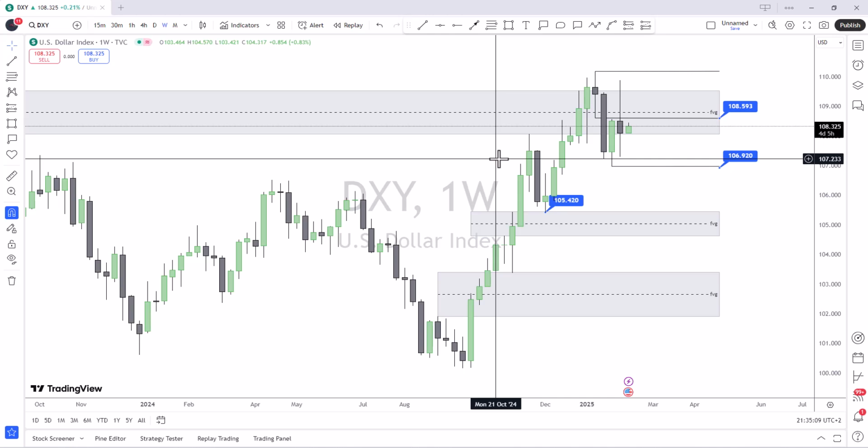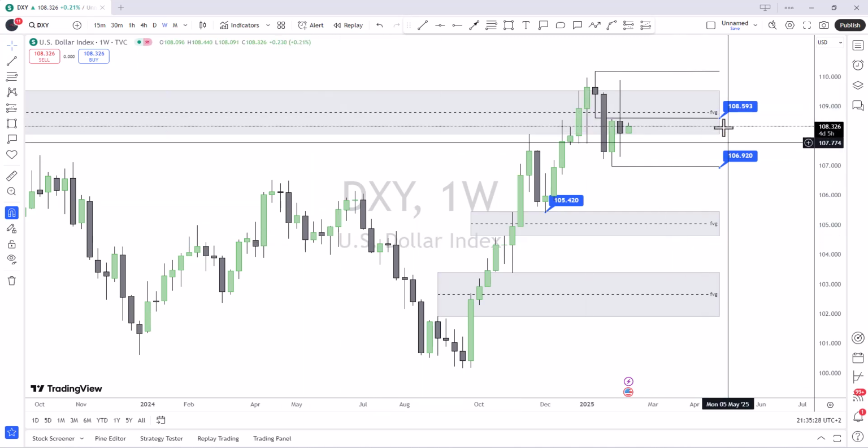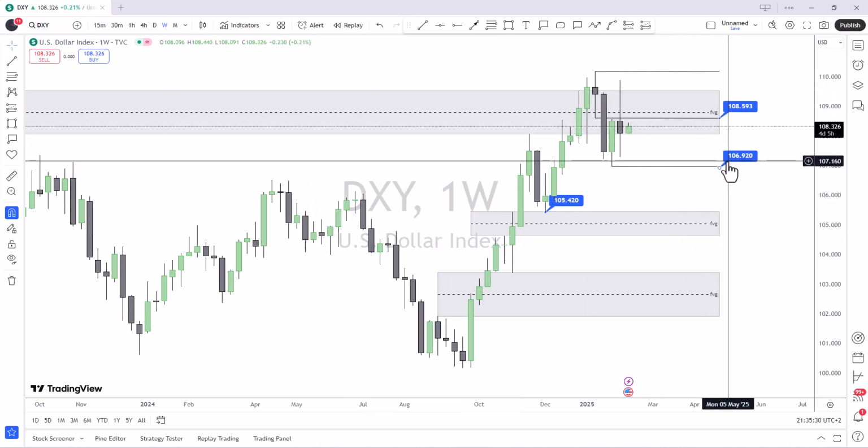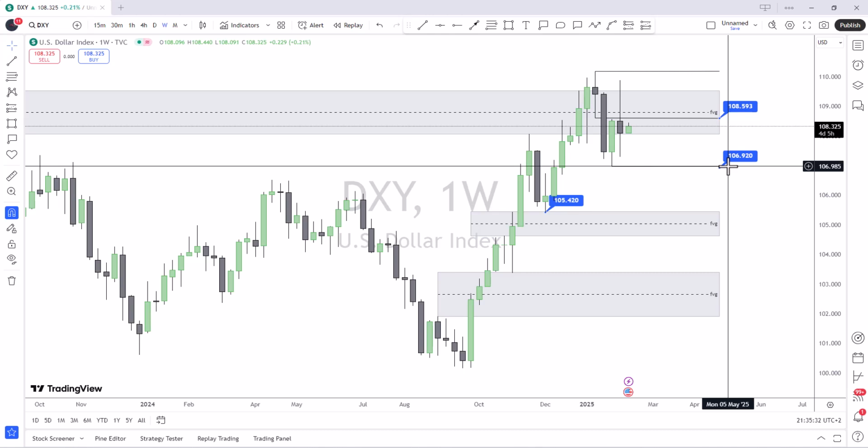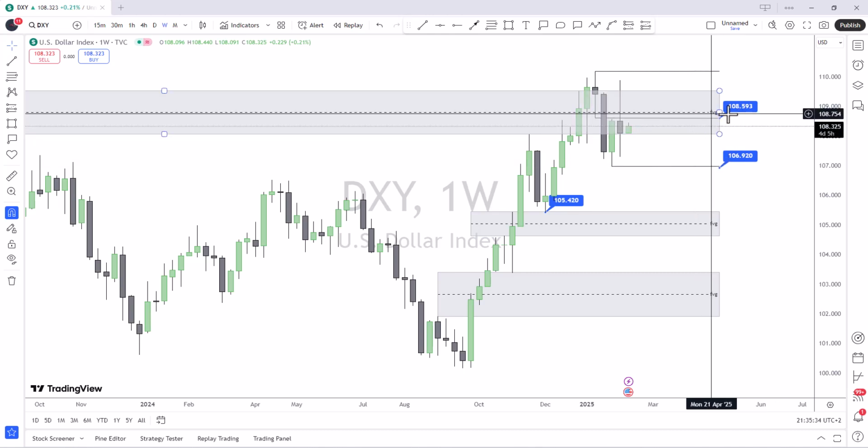That is an ideal area for shorting opportunities. Remember, we are inside our monthly fair value gap. Yes, it has been filled, but price will still be finding resistance inside that area. So those are the targets. To the downside, I've got my targets as in take profit, and to the upside, I've got my entry level.